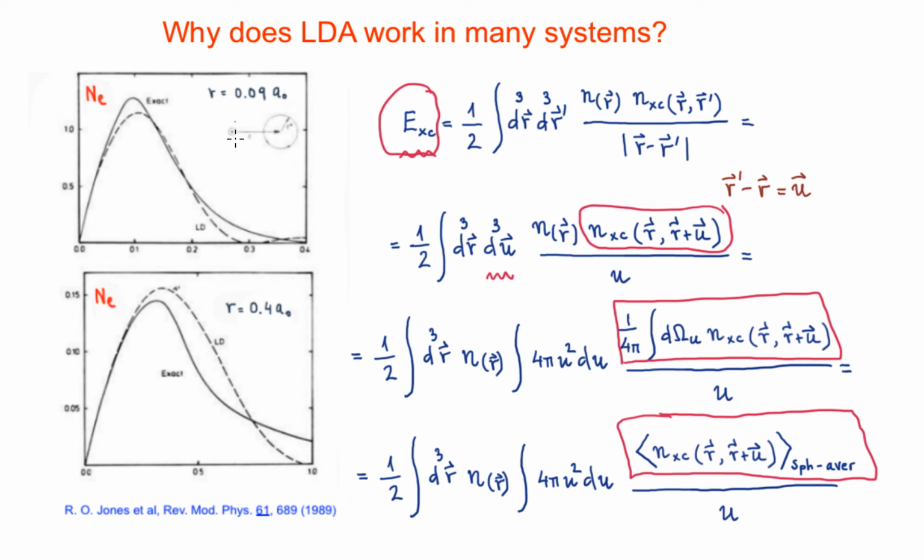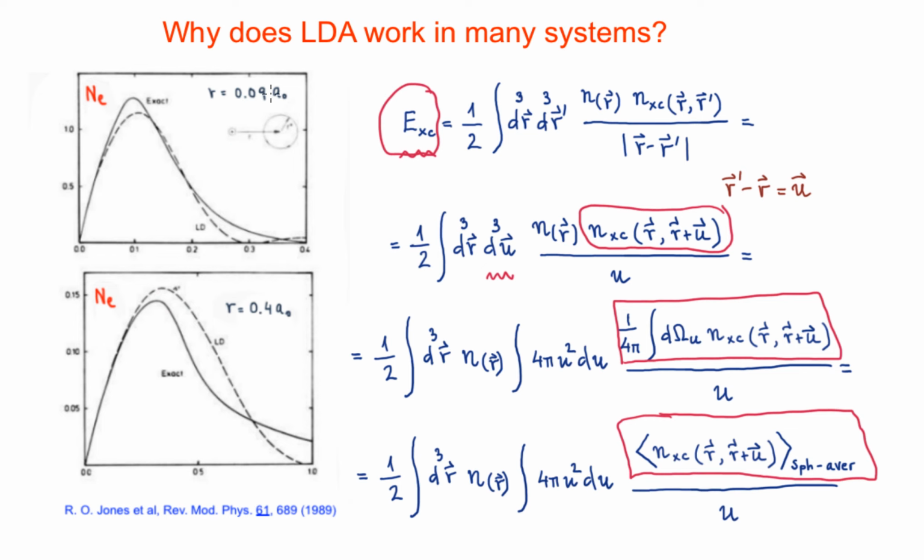For the same r position vectors as we have considered before, and as a function of the modulus of the u vector, which is basically the difference r prime minus r. So as you can see here, that's very important. Even though the exact and the LDA exchange holes were so different, when doing the average of the two, they become pretty similar.